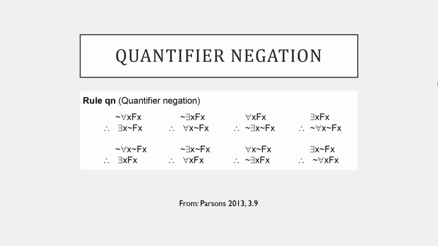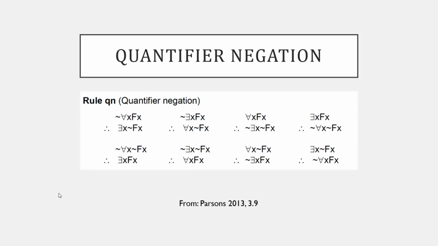Yeah? Is the pattern clear? Honestly, when I'm solving these things, I only ever use quantifier negation on a negated quantifier. Those are the only instances. So really, these 4, the leftmost 4, are the only ones that I ever use it on.